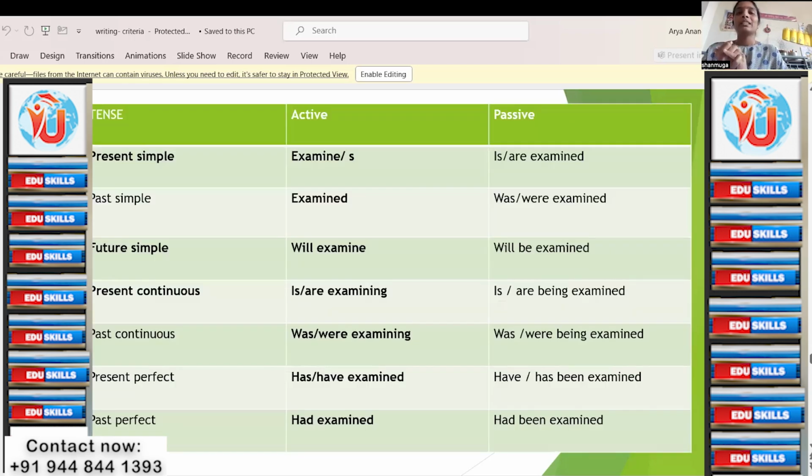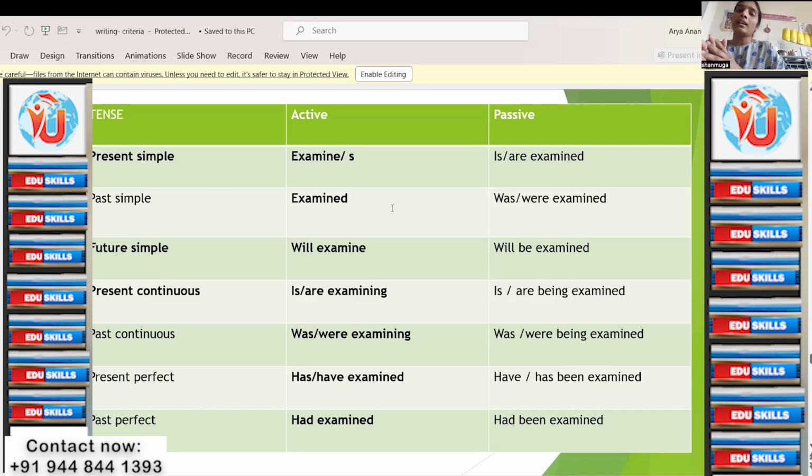Yes, this is how passive forms and active forms work. I have given examples. In the present simple, we write in the active: subject, verb, and object. In the passive, the object goes into the subject position, and we use is or am in the present simple with a past participle verb, that is, examined.